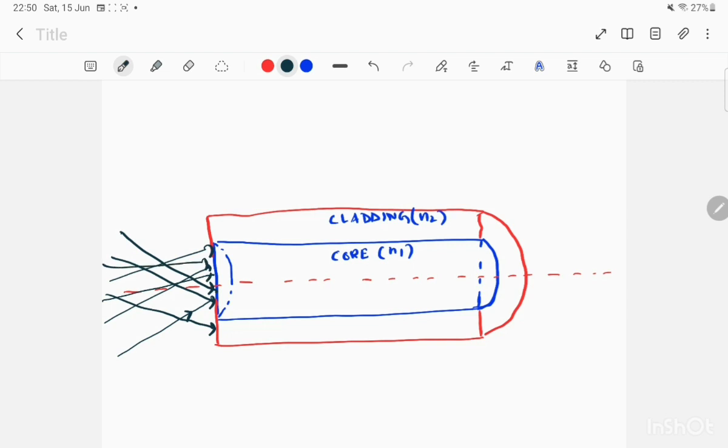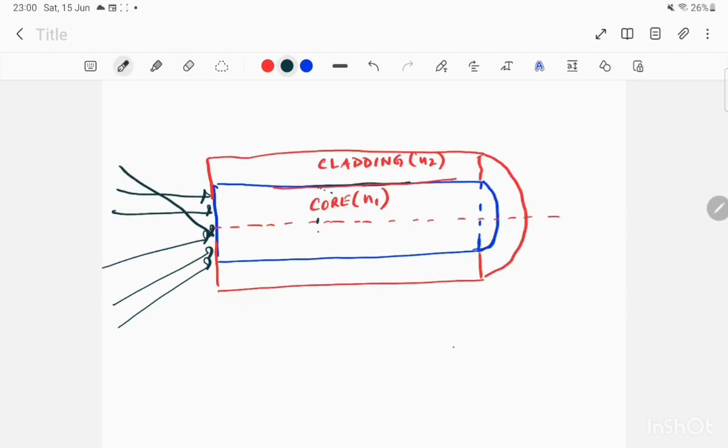But mostly the rays of light which are passing through the core will actually pass the information. Okay, so now not all the rays of light which are coming with some information entering the core will be successful in transmitting the information.